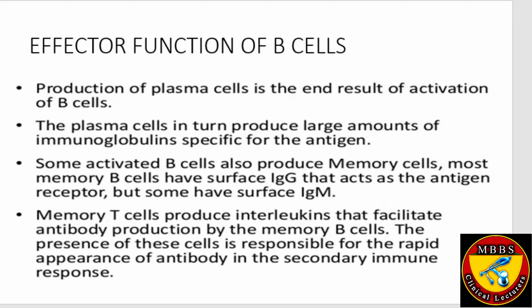Because of these memory cells, antibodies appear rapidly in the secondary response. That is, they provide long-term immunity to the same infection. So this is the effector function of the B cell.